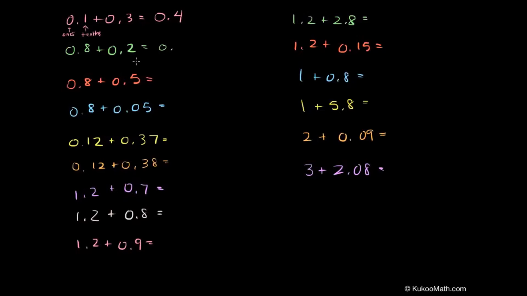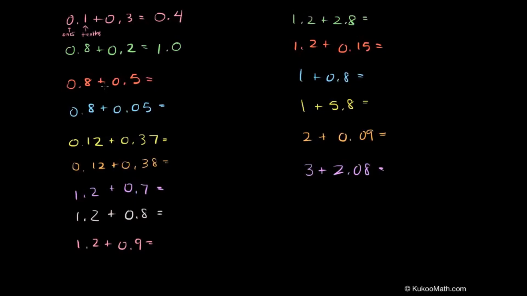So we bring the 1 over one place to the left, so it's going to be 1. And then we have the dot, and then we put the 0 where the original spot we were doing was. So 0.8 plus 0.2 is equal to 1.0, which is basically the same thing as 1.